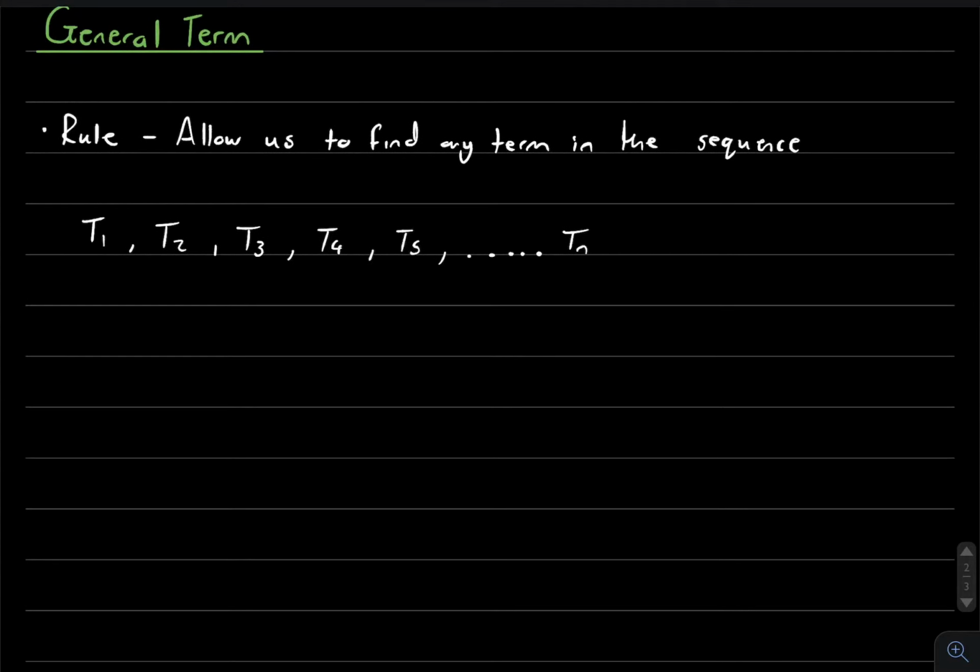So the general term is just a way of finding term n. In this case, we don't know what term n is. It could be term 5, term 100, term 57, whatever term number. So basically, we call that the general term. It's just any term in the sequence.